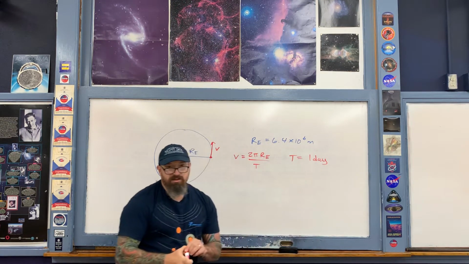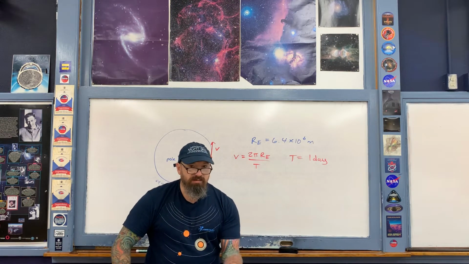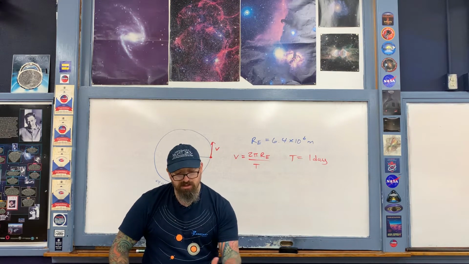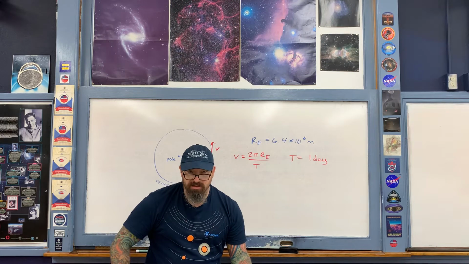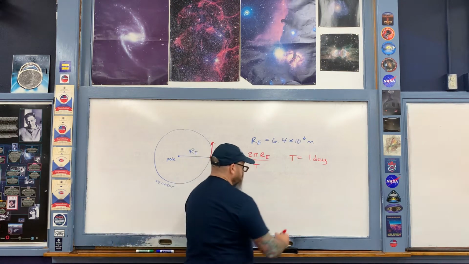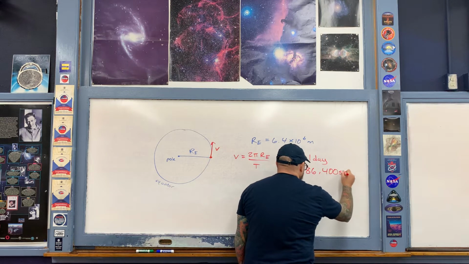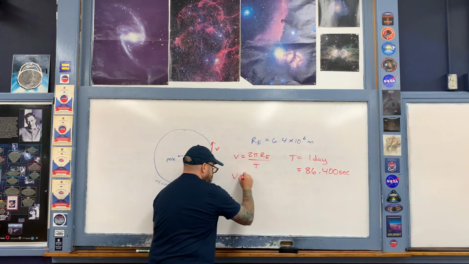We have to write this in terms of seconds. There are 60 seconds in a minute, 60 minutes in an hour, and 24 hours in a day. 60 times 60 times 24 gives you the number of seconds in a day. It's 86,400. So 1 day is 86,400 seconds. Okay, so that's the number that I'm going to use here to find the linear speed v.